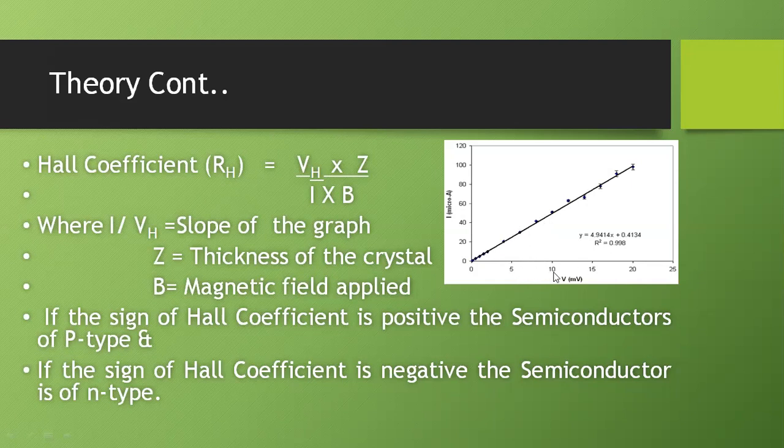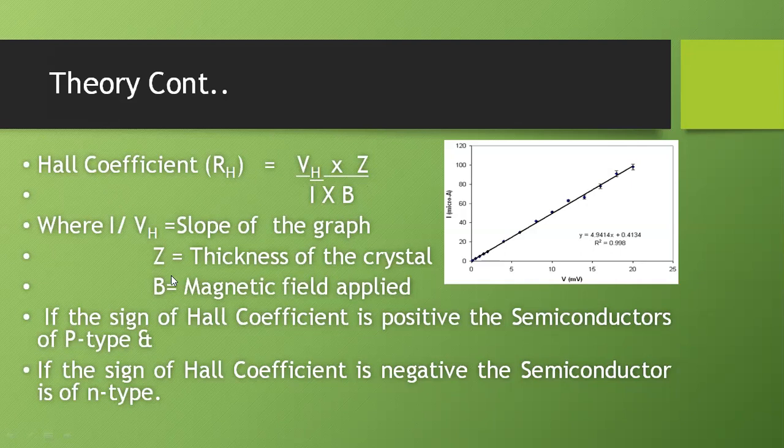As we have taken V on the x-axis and I on the y-axis, you get change in I by change in V as the slope from the graph. In this V_H by I, you can substitute the slope, and you have the thickness Z of the material and the transverse magnetic field. Substituting all these, you are able to calculate the Hall coefficient.